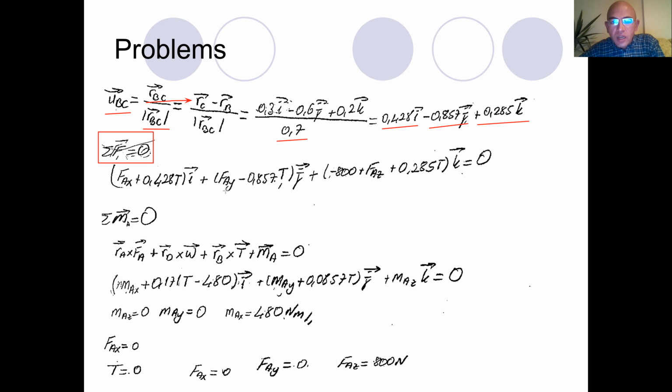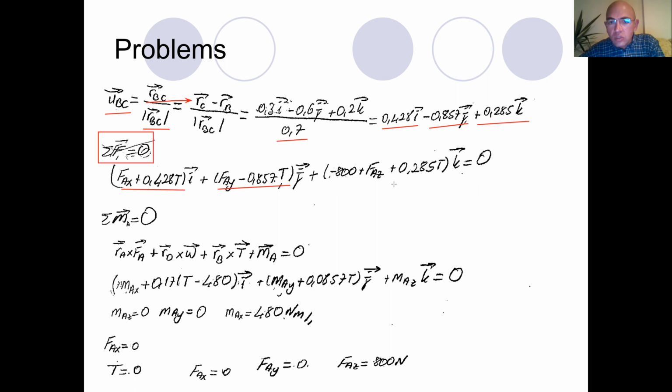Next, I have Fay. So this is my summation in the x direction. Now I sum up the y components of the forces. I have Fay, then the y component of the tensile force coming from the cable, which is minus 0.857 T, plus Faz minus 800, plus 0.285 T K vector.